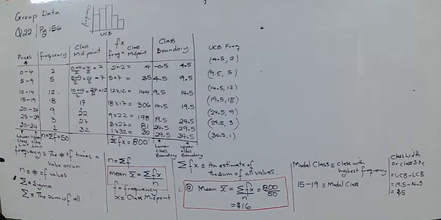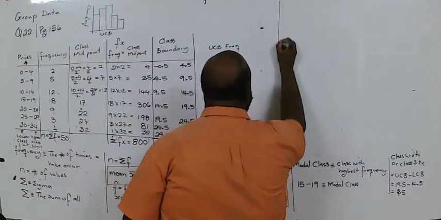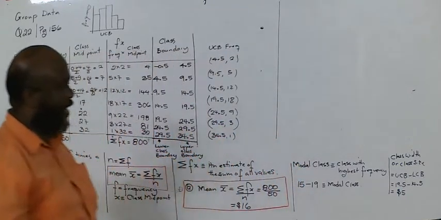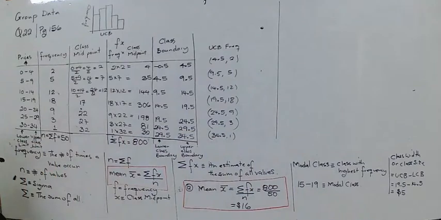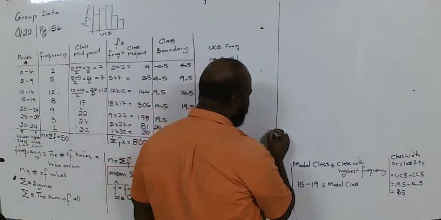Next, 1 centimeter from the left margin, I want you to draw your vertical axis. Then 1 centimeter from the bottom margin, draw your horizontal axis, sorry.